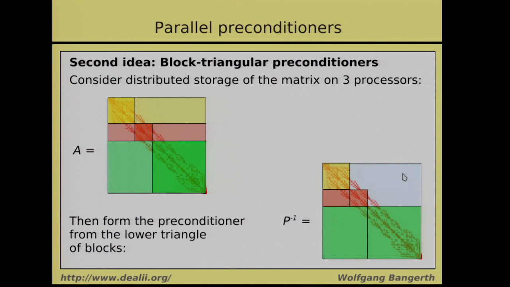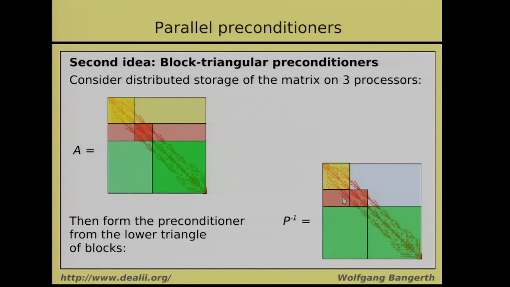Okay, and then it's going to send the elements of this product to processor 2. Okay, so processor 2 is going to form the dot product of this block and the set of vector elements that it got and put it over on the right hand side, and then multiply them with the inverse of this diagonal block.